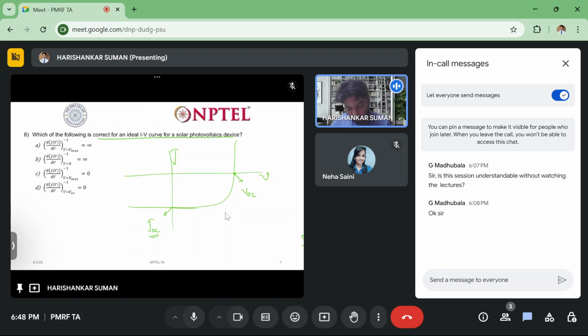For the ideal case, the derivative of J with respect to V, inverse, at JSC, or we can say V equal to 0.